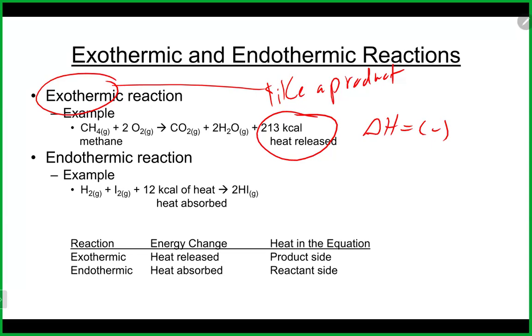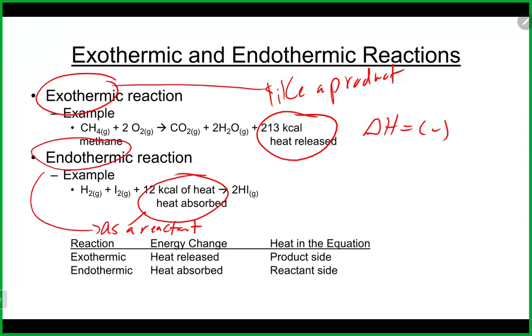In an endothermic reaction, all that energy is being absorbed. So we think of it as a reactant when it is an endothermic reaction, like it is being absorbed. Again, in most cases, you probably won't see the number written into the equation.